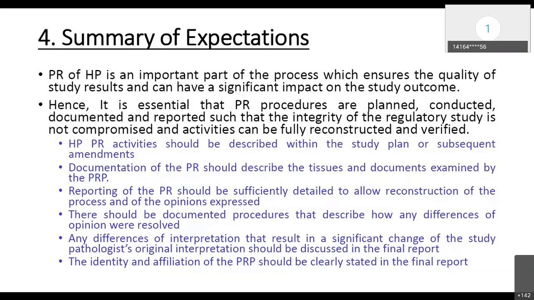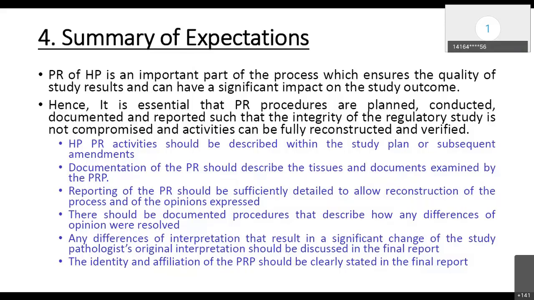And it is essential that peer review procedures are planned, conducted, documented, and reported in such a way that the integrity of the regulatory study is not compromised and activities can be fully reconstructed and verified. That is what I was explaining in one of the previous slides. That reconstruction of the results or data is a very, very important aspect of GLP.